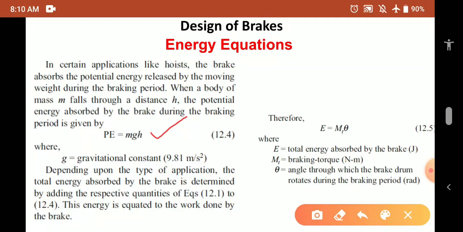So the total absorbed energy E equals Mt times theta, where Mt is the braking torque in Newton meter, and theta is the angle through which the brake drum rotates during the braking period in radians. So the total energy absorbed by the brake is nothing but the work done by the brake.